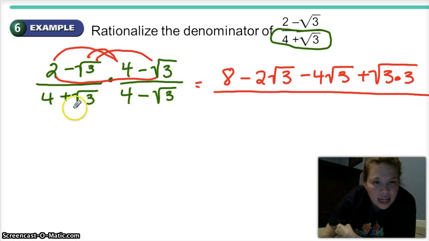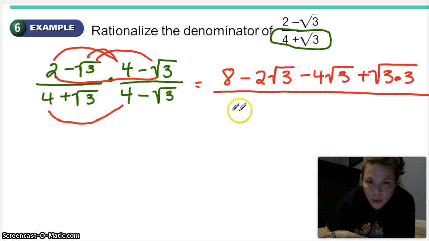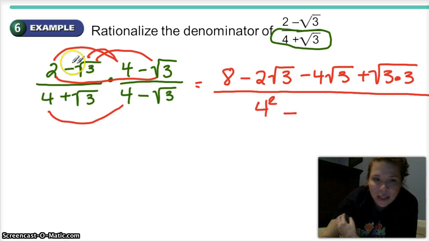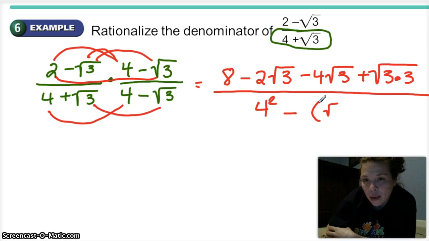Okay, now down in the denominator, remember with multiplying conjugates, it's just a difference of squares. So it's the first term squared, 4 squared, minus your second term squared, the square root of 3 squared.